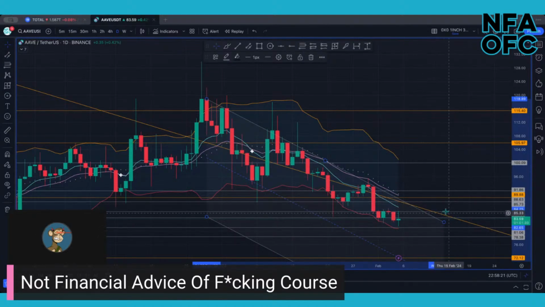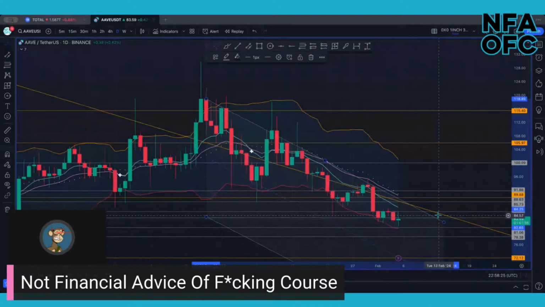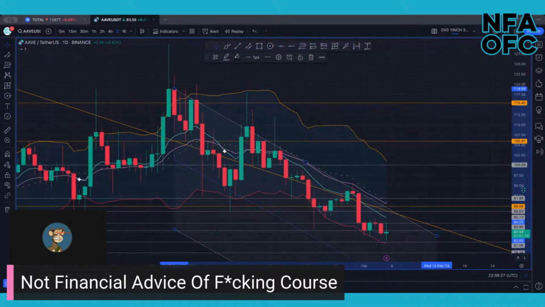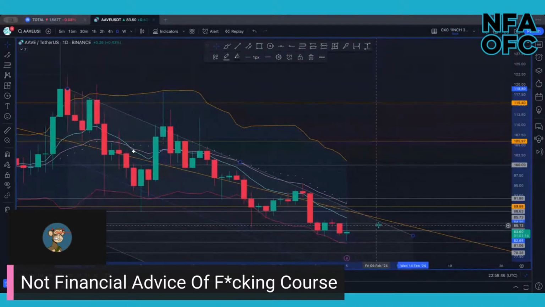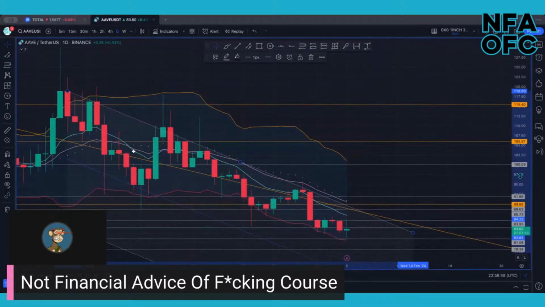We're going to be trying to get out somewhere in here. It needs to consolidate right where it is right now. It needs to bounce around in this area and retest out of here because this is our weekly trend and it made it for a bit, but it still came down. We do not have an upwards motion yet. We might get a small one, a slow one, but right now, not looking good for Aave.